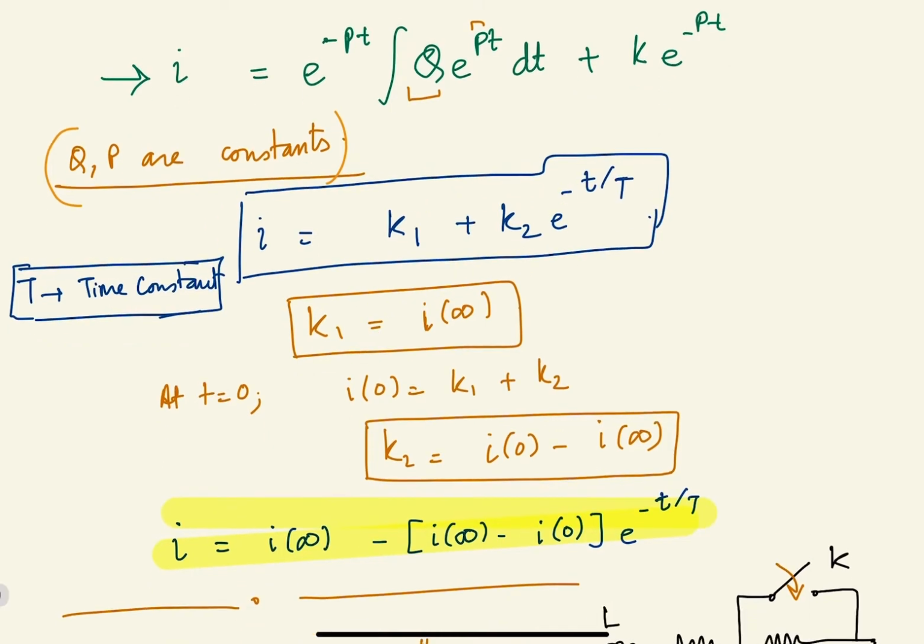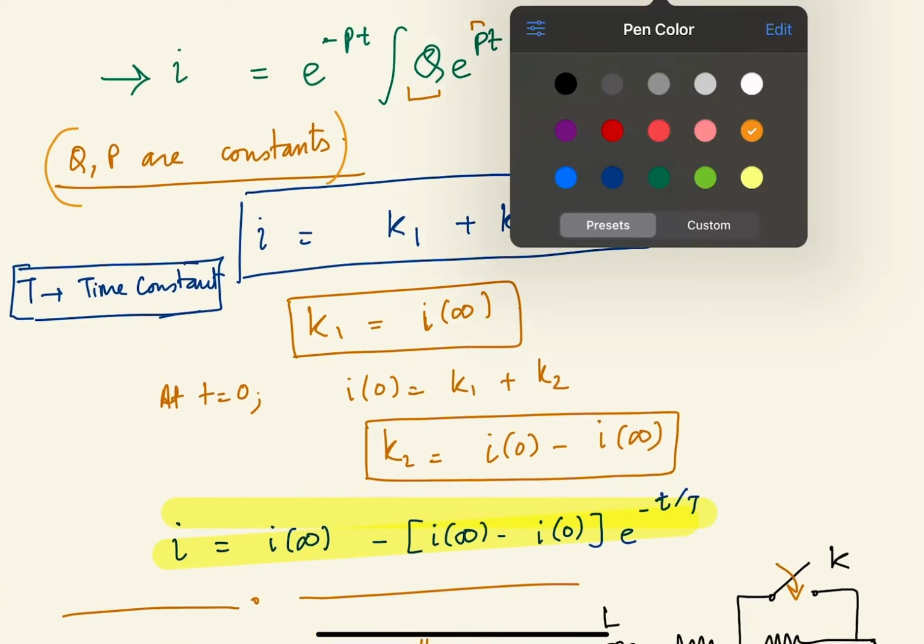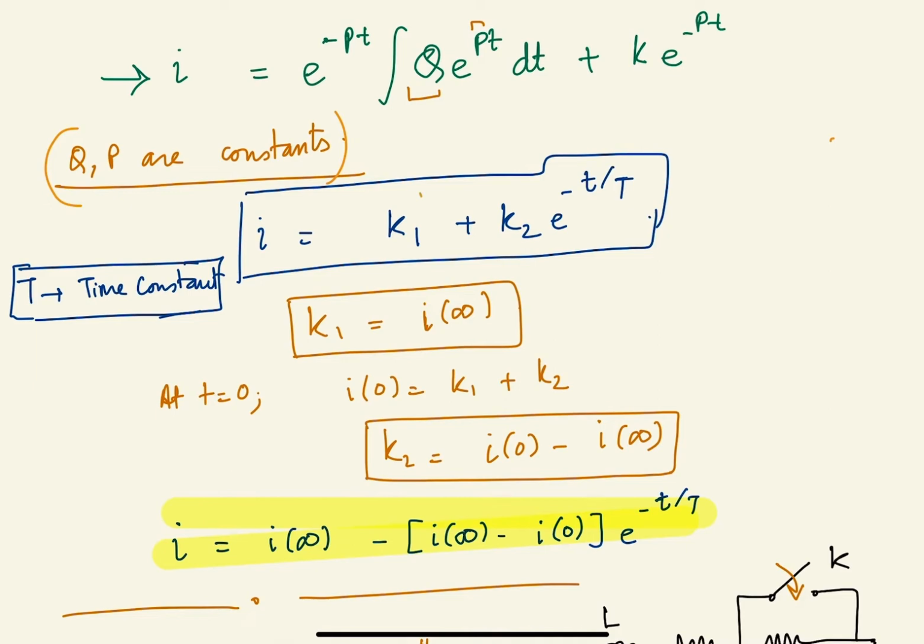Now if you take a look at this equation, it's easy to see that this k1 term is independent of time. So this is known as the steady state component. I'll write here, k1 is the steady state component, and k2 e to the power minus t by T is the transient component.